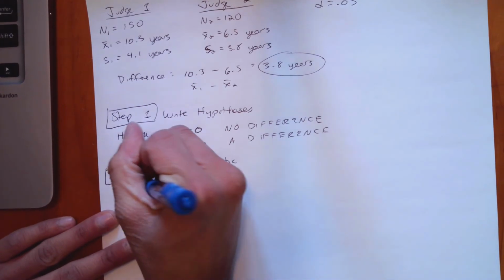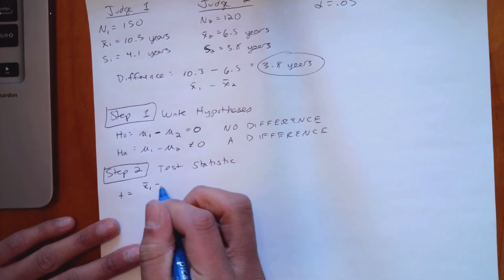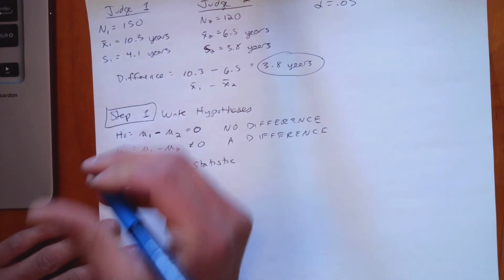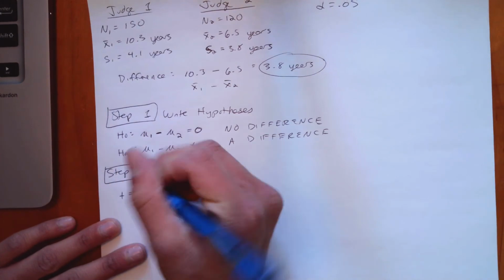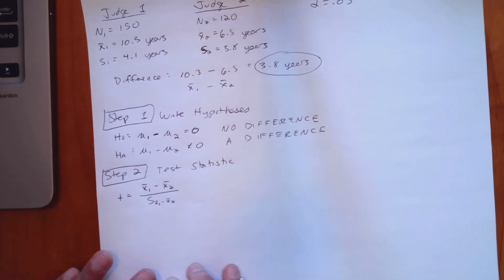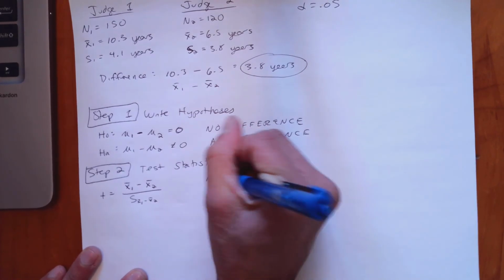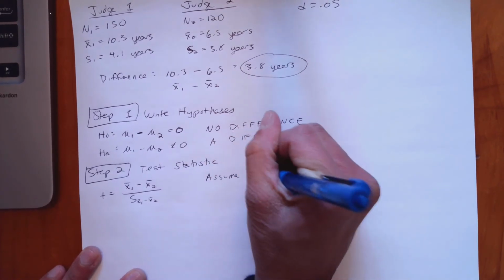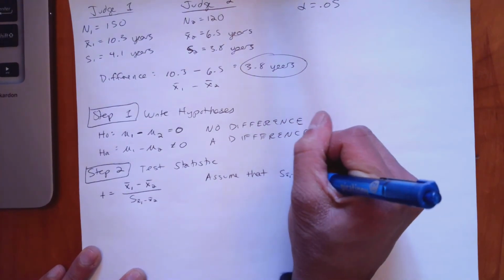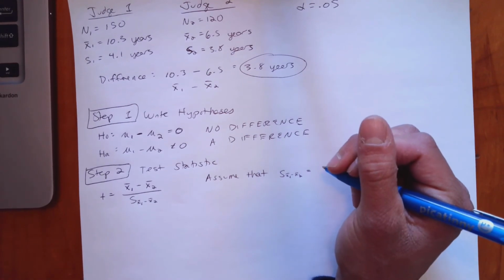We're going to use the equation that we saw in the last example, where we subtract our second sample mean from our first sample mean and divide by the standard error for our sampling distribution for the difference in means. Here we're going to assume that the standard error is equal to 0.486.